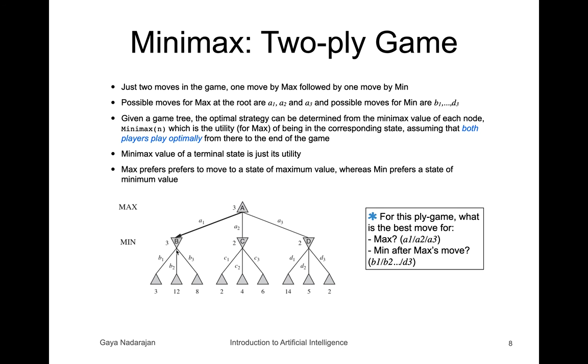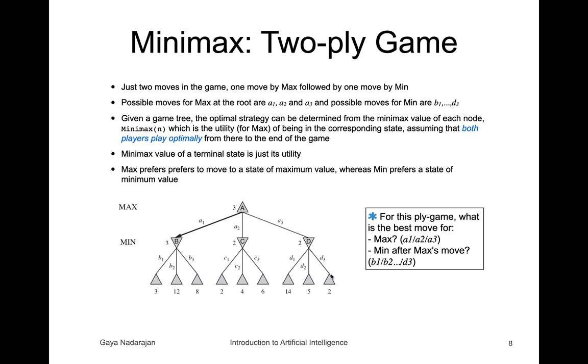Because if it takes this, then B will take the 3 and it will get a 3. If it takes this move, then Min will take a 2. And if it makes this move, Min will take D3.